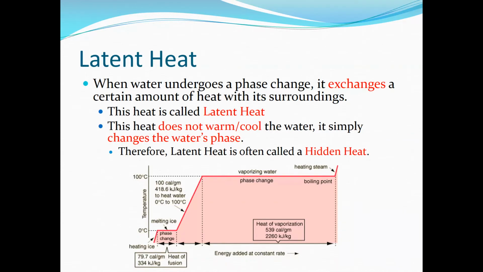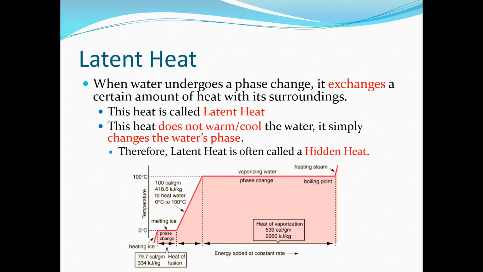So all of that said, the way latent heat works is when water melts or evaporates, we call that moving up a phase. Whenever water moves up a phase, it absorbs heat from its surroundings. And that heat goes to simply change its phase.